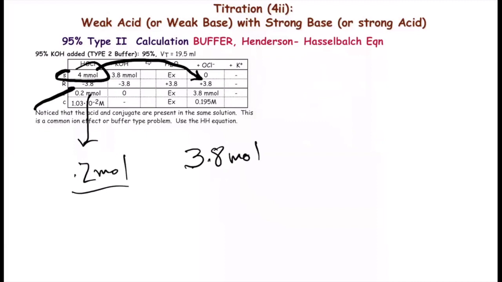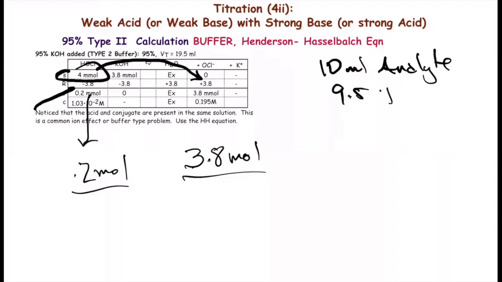Now the total volume is going to be the same for both because they're both in the same beaker. We initially had 10 milliliters of analyte, and then we added 9.5 milliliters of titrant, so the total volume is 19.5 milliliters. The question was, what is the concentration of the acid and the base?